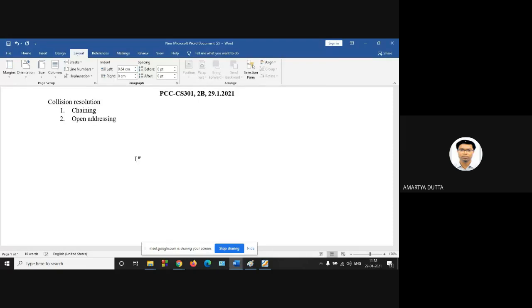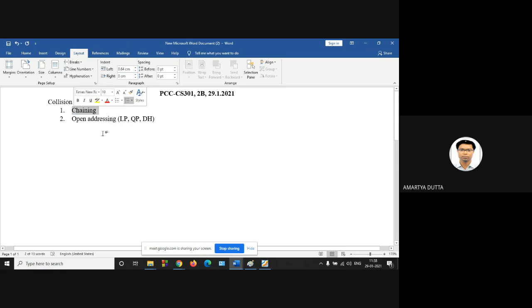In open addressing, there are three main points: first is linear probing, second is quadratic probing, and third is double hashing. In our previous class we discussed the separate chaining technique.